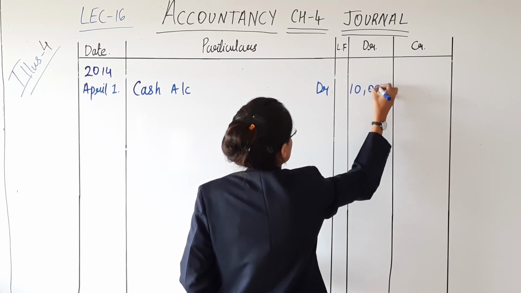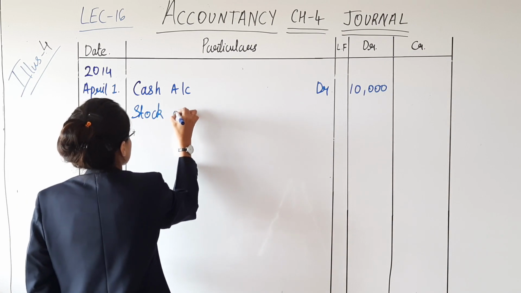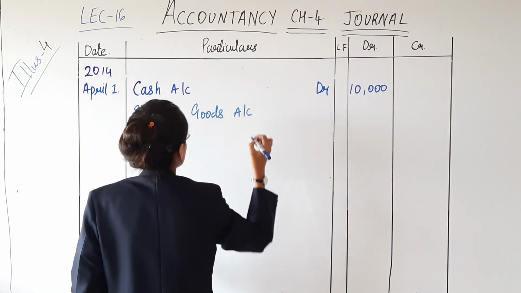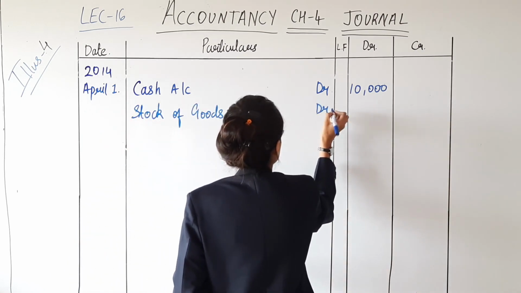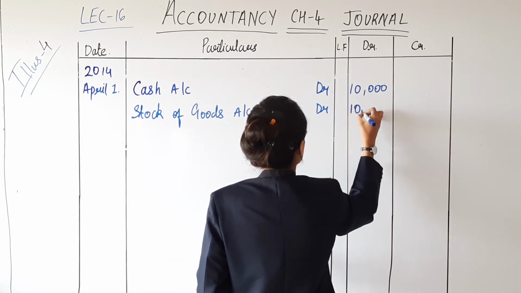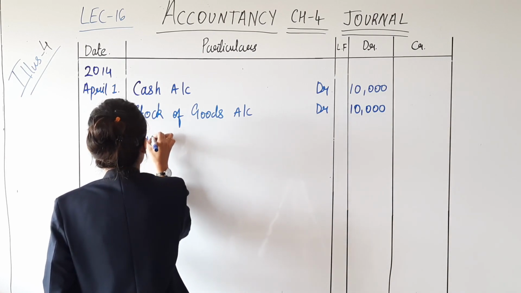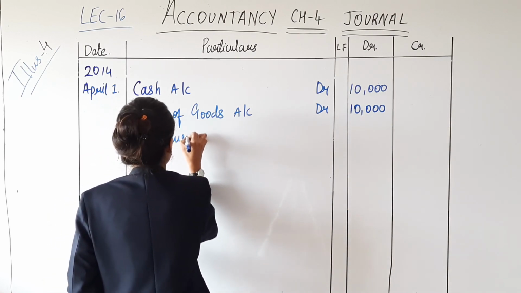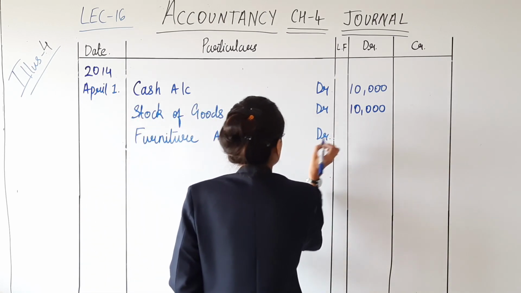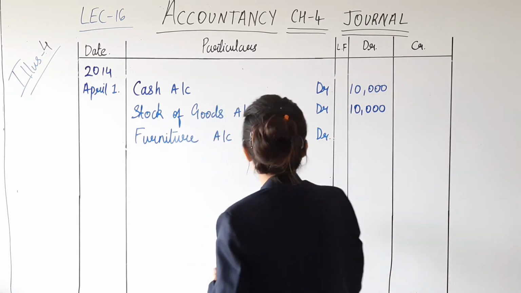$10,000. Then you have stock of goods. Debit, how much is it? Let me see. 10,000. Then furniture is also an asset. So furniture account debit. How much? It is 5,000.